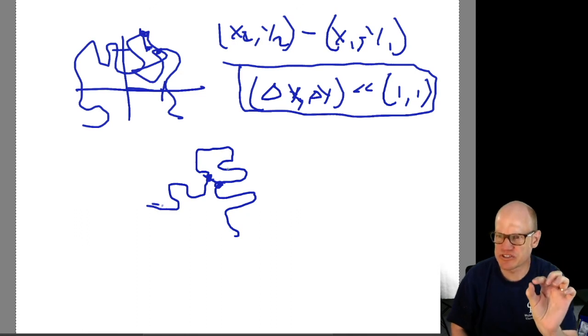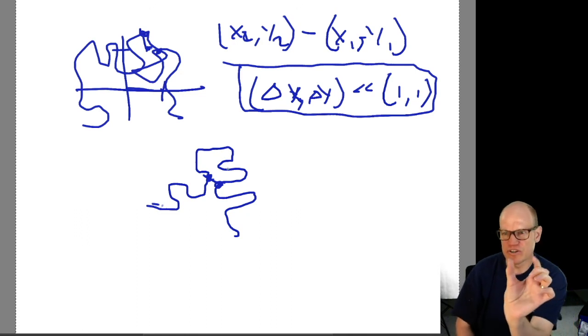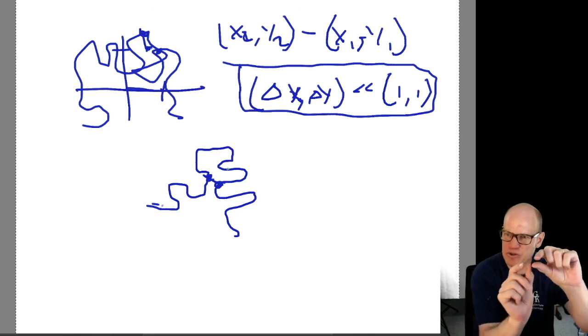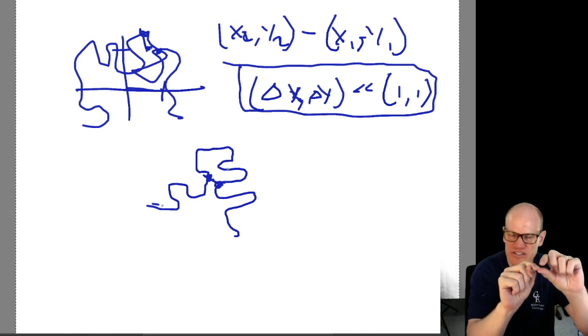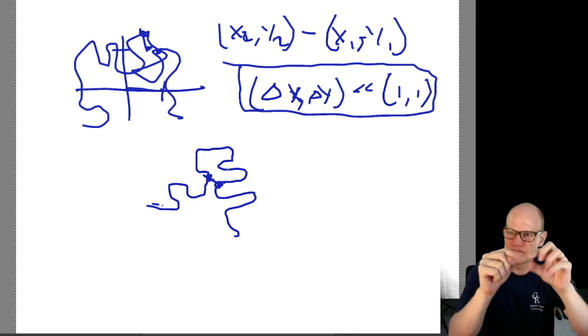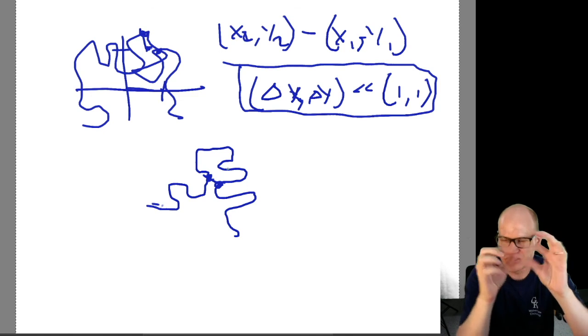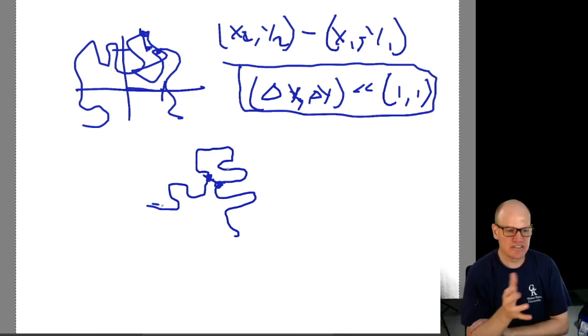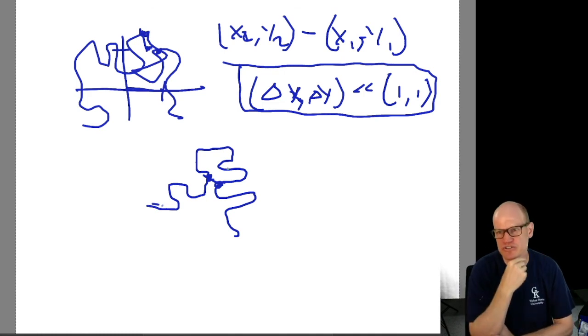What does a continuous function mean? A continuous function means that when you specify a tolerance in the vertical direction, you can specify a similar tolerance in the horizontal direction, such that the curve doesn't leave the area that you specified. So that's how all of mathematics is constructed, through tolerances. And so you can do the same thing here.